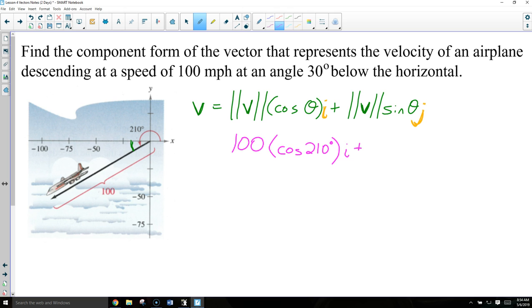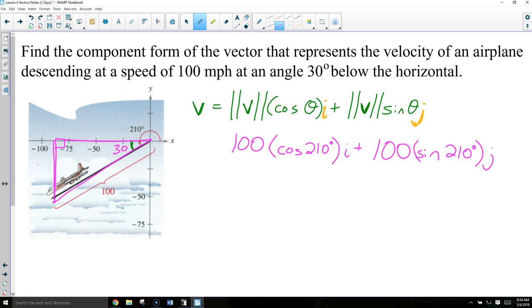And then the magnitude of vector v is 100 times the sine of 210 degrees. So, remembering if this is 210 degrees, that makes a 30, 60, 90 right triangle.